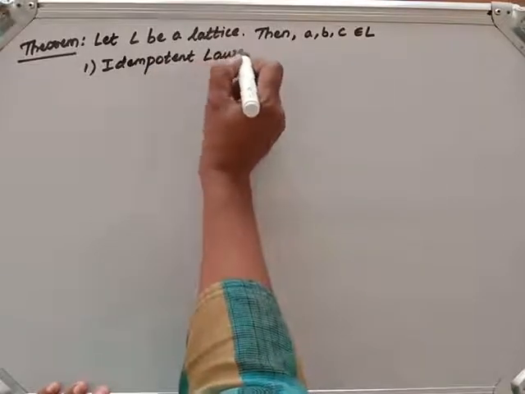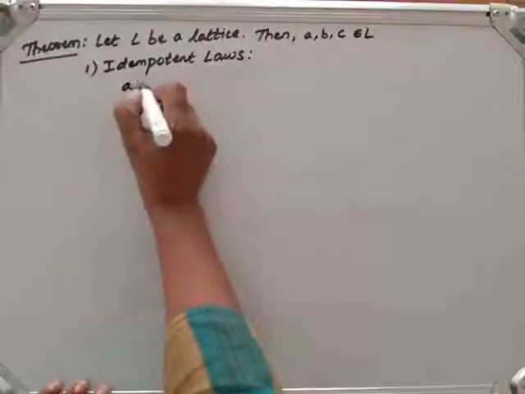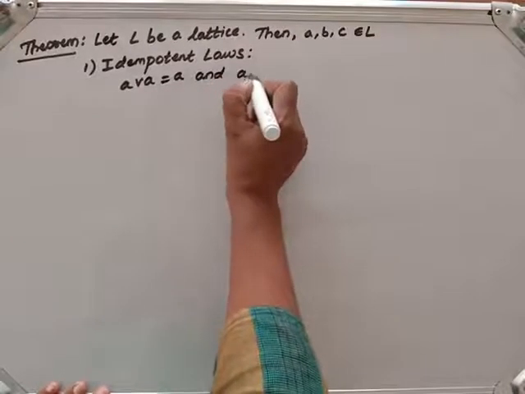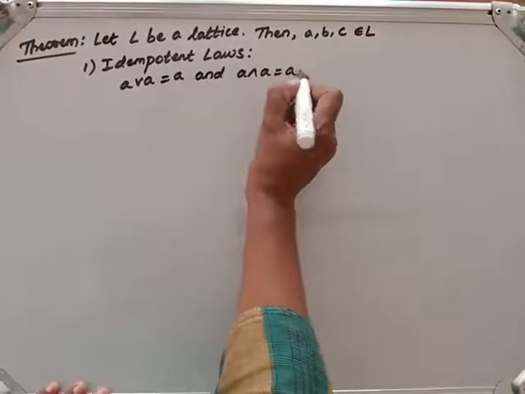So what do they say? A join A is equal to A, and A meet A is also A.